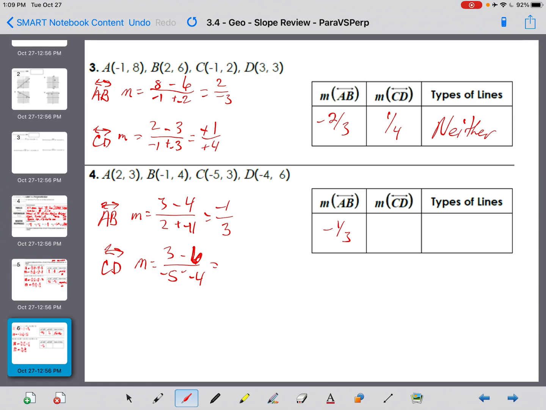It's a 6, I promise. Let's see, 3 minus 6 is -3. Negative makes positive. That makes -1. That makes 3/1. Also known as 3, but I like it as a fraction because now I can tell the 3's are in opposite spots, the 1's are in opposite spots. Those are reciprocals. One's positive, one's negative. Negative reciprocals is perpendicular. Throw the symbol on there if you want to.